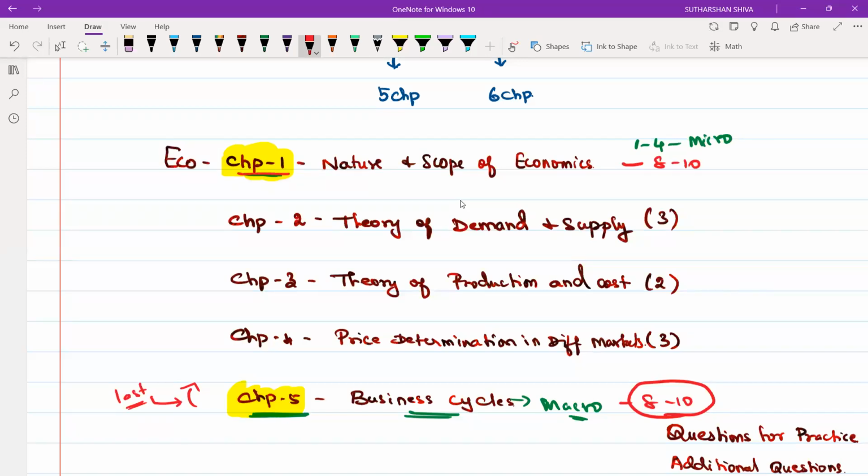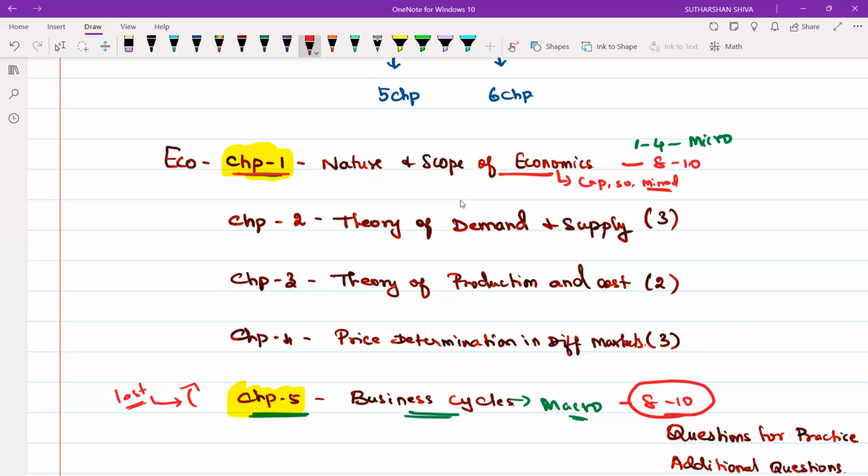And chapter 1, nature and scope of economics, is basically capitalism and socialism. Capitalist economy, socialist economy and mixed economy will come. These are the basic things you need to remember. And between normative economics and positive economics, any one of these two questions will come in your examination. These are the basic things you need to recall.